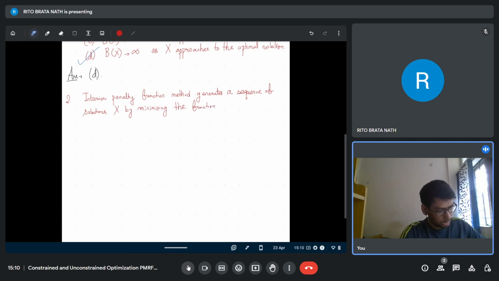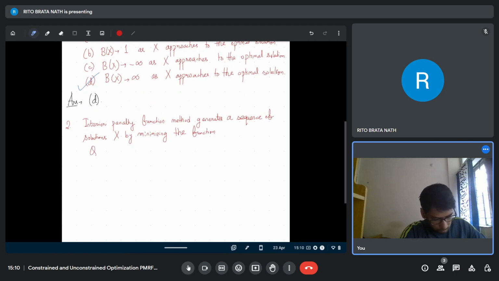Again, it's the same function, the barrier function.